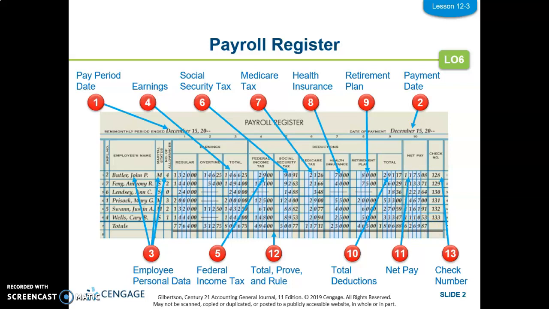So they'll write a check out of the general checking account and move that amount of money over into a payroll account. And then they will write these individual checks to people out of the payroll account. So in my notes right here, I would circle all those check numbers and say that those are checks from the payroll account.